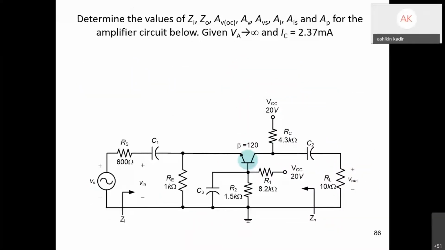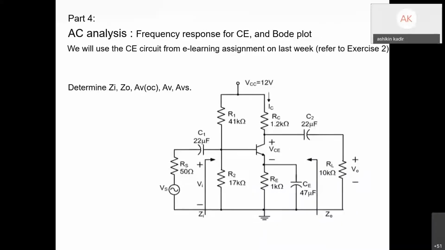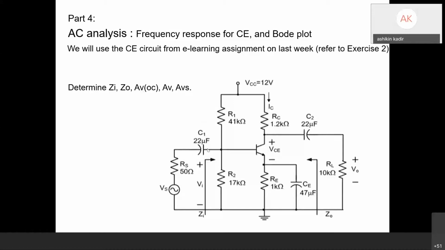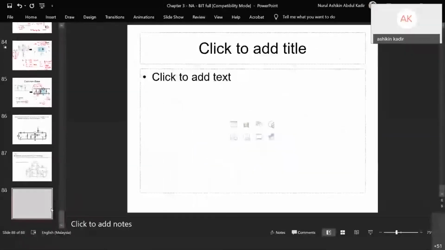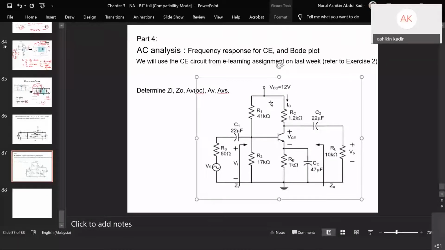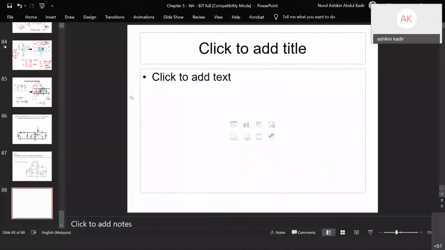Okay, so this is an exercise. We do this first. This one, we need to add a slide. We do the last exercise first because it is the same as exercise 2.